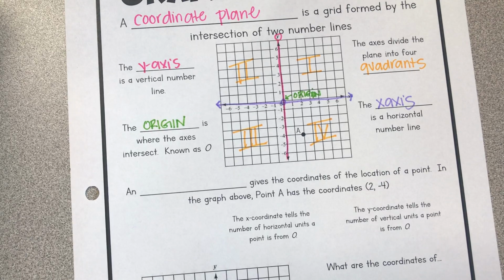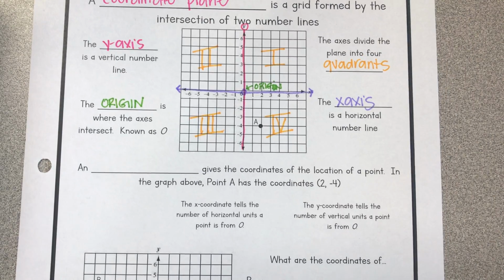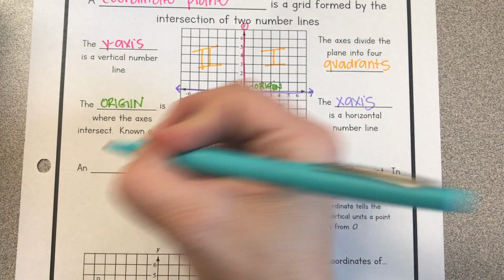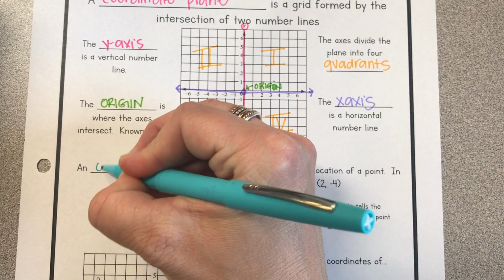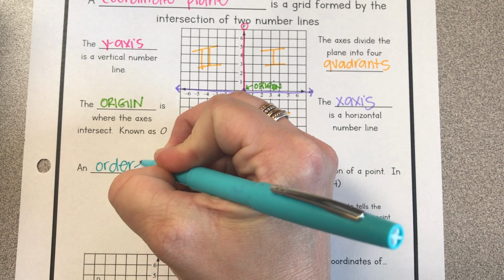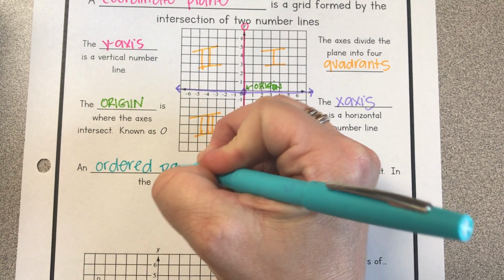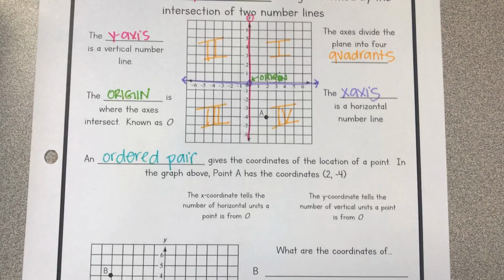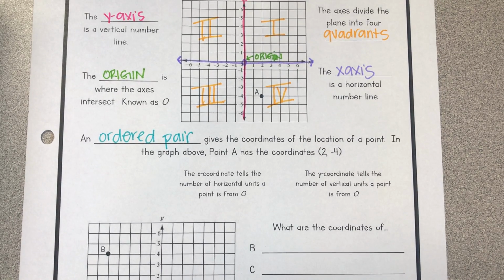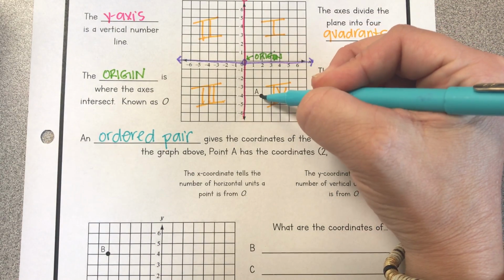The next blank says, a blank gives the coordinates of the location of a point. That is an ordered pair. An ordered pair is going to give us the coordinates of the location of a point. And then it says, in the graph above, point A has the coordinates 2, -4.